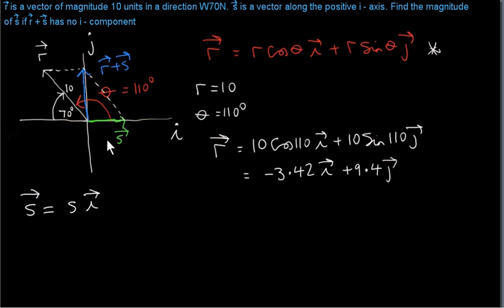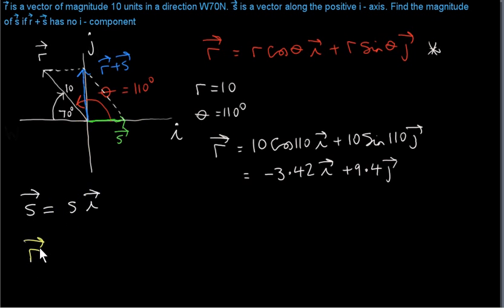If it's along the i-axis, we write it as its magnitude times unit vector i. Of course, unit vector i is a vector of length 1 in the i direction, and vector S is unit vector j scaled up by the magnitude of S, which is S without an arrow.